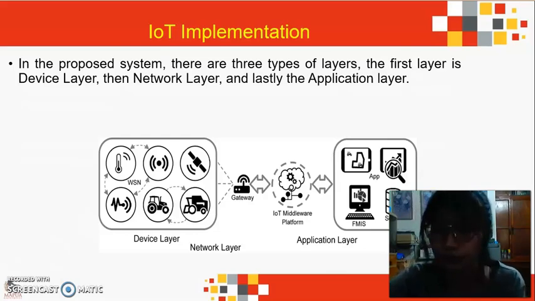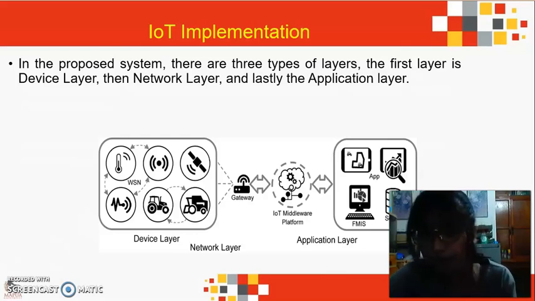Application layer. This layer is the most important layer because it lets the farmer decide by controlling the devices through the internet. The application layer is responsible for storing data sent by the device layer that passes through the cloud.